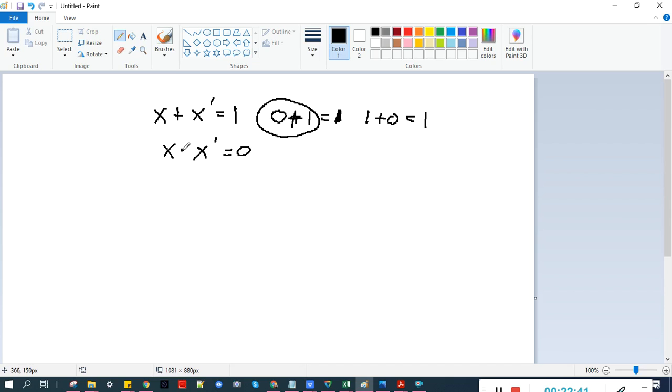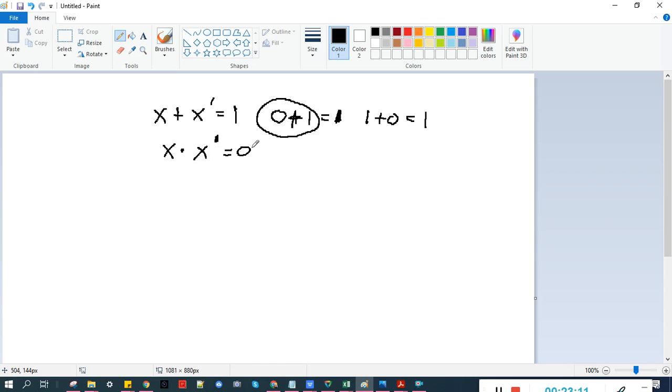For the AND operation, whatever the input is, if we AND it with its complement, the result will always be 0, because with the AND operation, it will only be 1 if both of the inputs are 1. But how can both of the inputs be equal to 1 if one of the inputs is its complement?